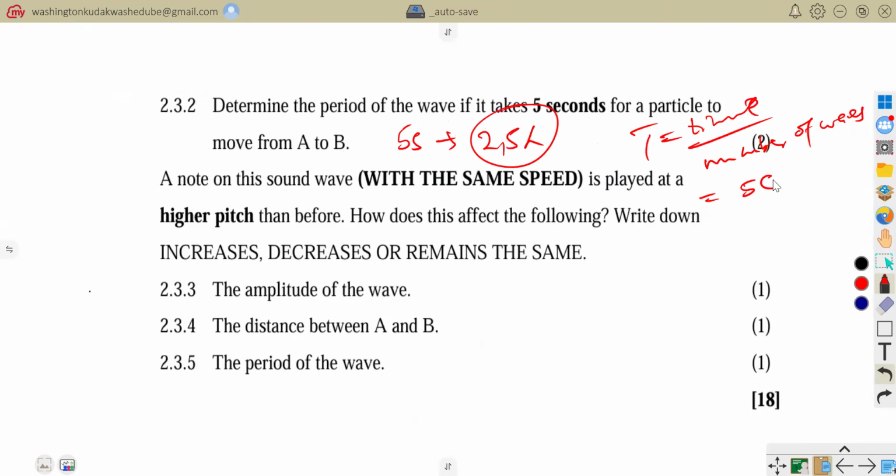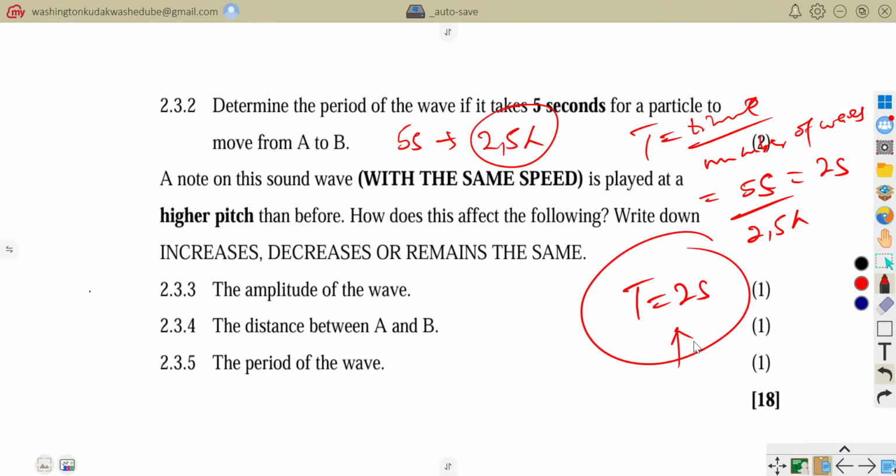So it will be 5 seconds divided by 2.5 waves. And this will give you 2 seconds. So we are saying that a particle takes 2 seconds to complete one wave, or to move one complete wavelength. That is what we are saying. So the period there was just supposed to be equal to 2 seconds.